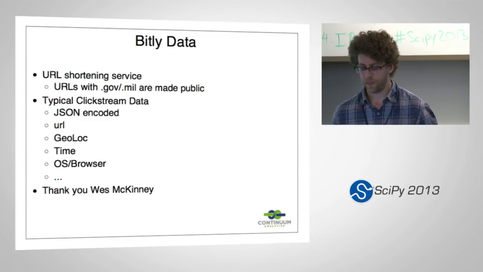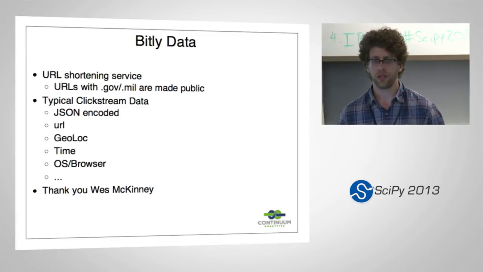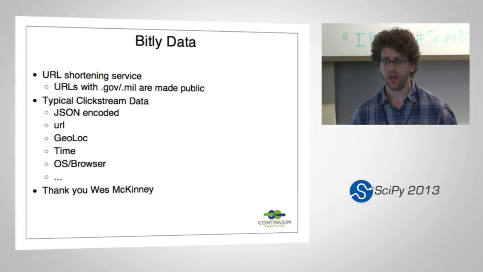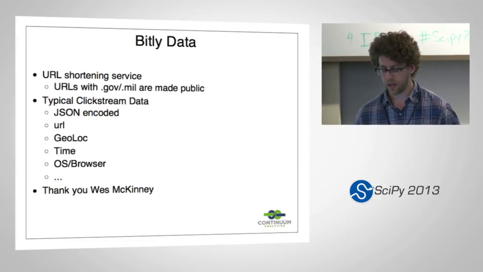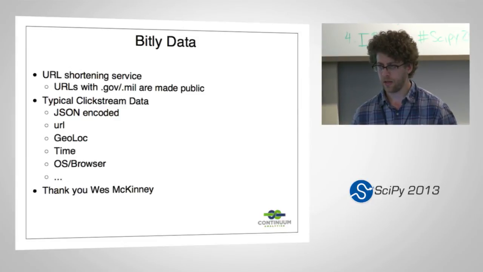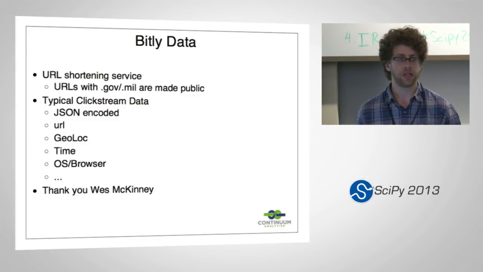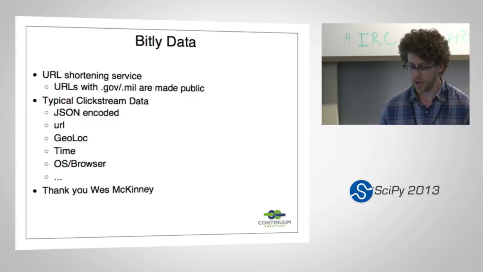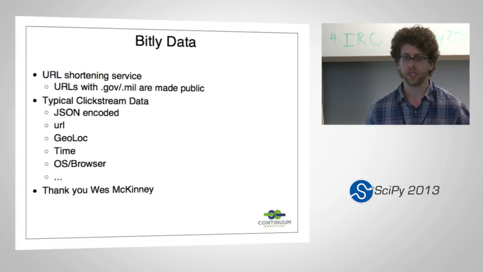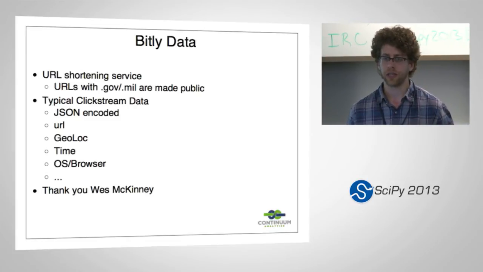Bitly data is pretty fun. Bitly is the URL shortening service that's quite popular. A few years ago, they made public all suffixes that were shortened with their service that end in .gov or .mil. The data is typical clickstream data that you'd expect.